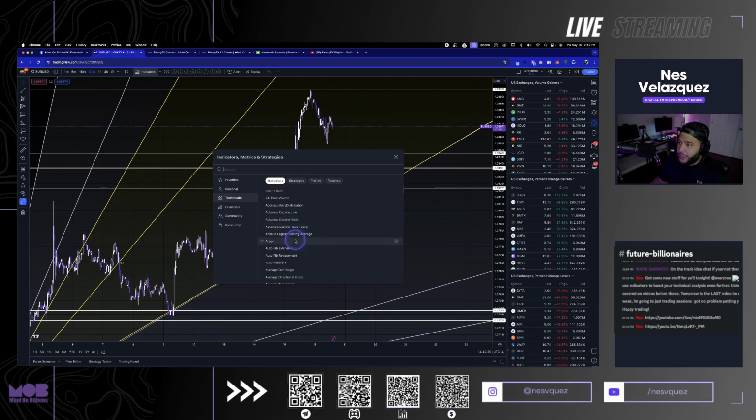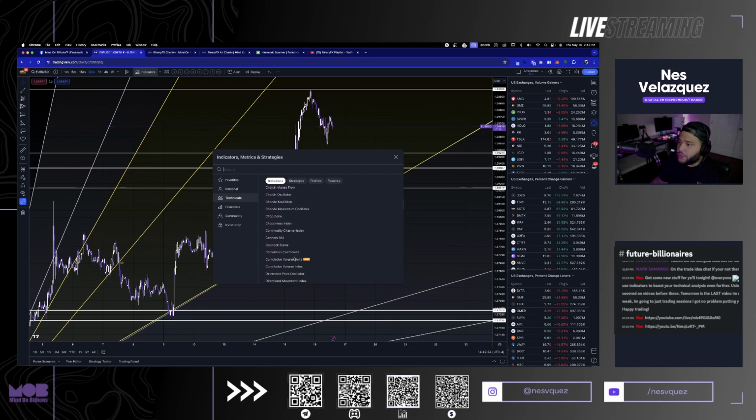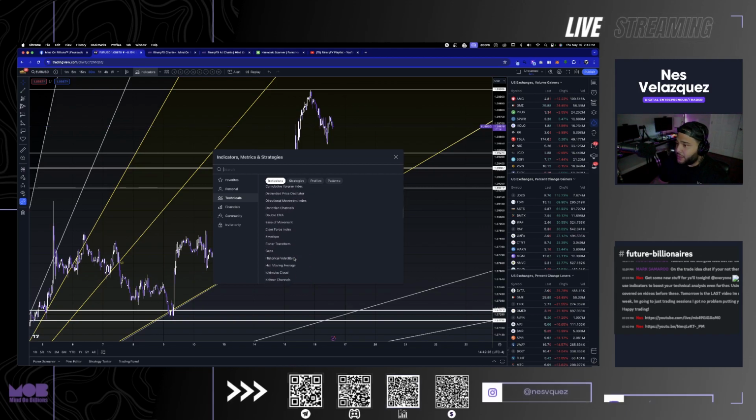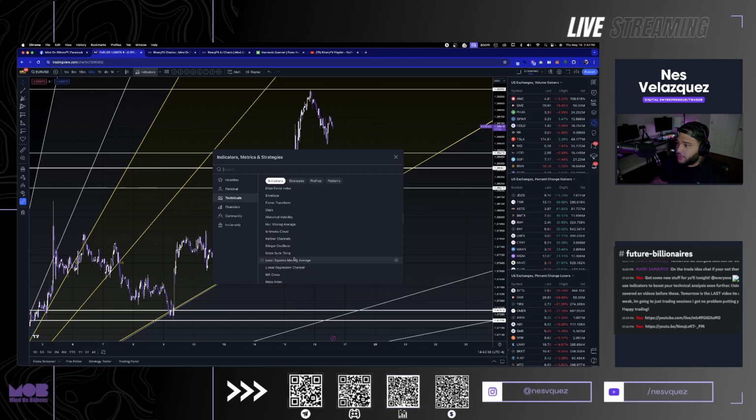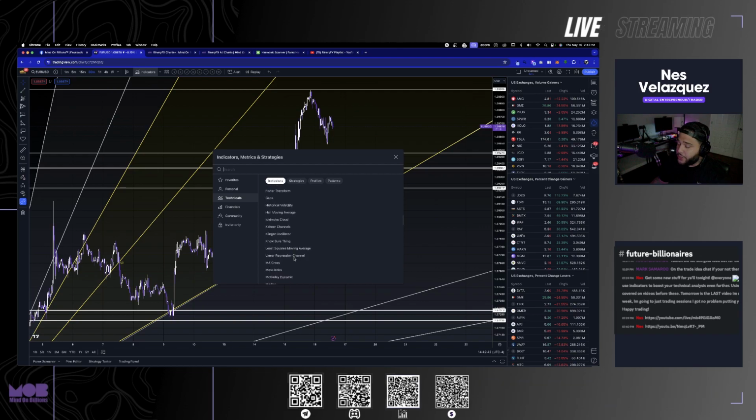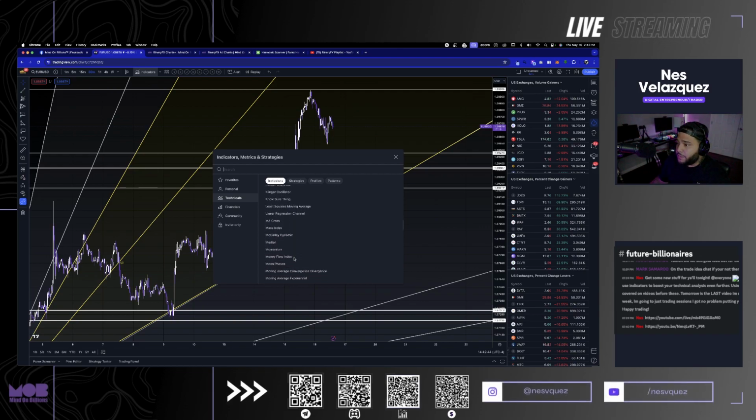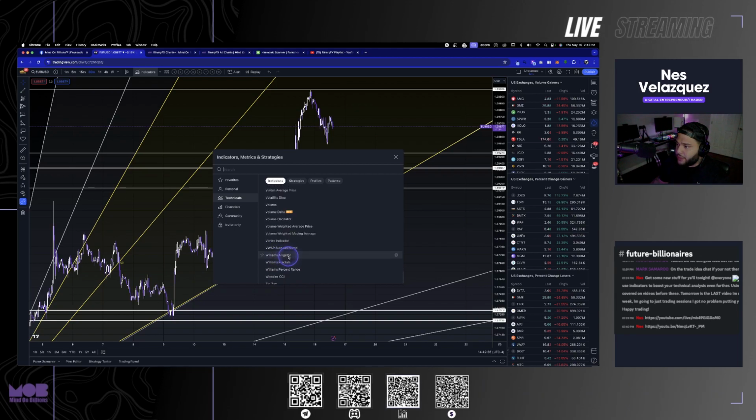Let's use a momentum-based one. There's actually quite a few that we could use, but let's go with the Williams Alligator indicator. So let's go with the Williams Gator.